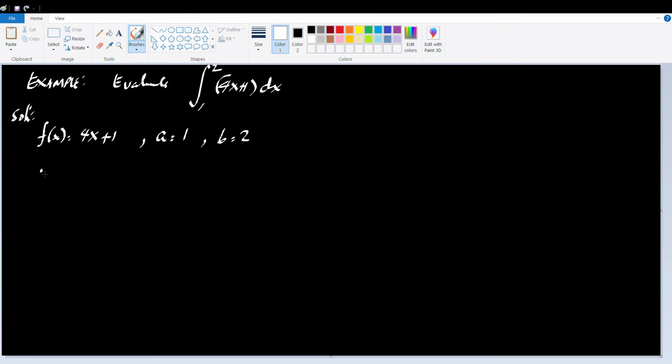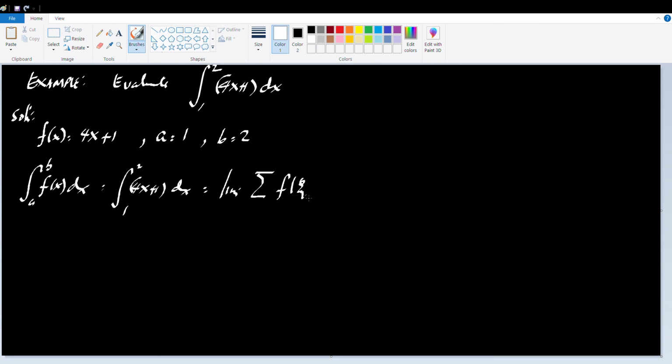So the definition of the definite integral of f of x dx from a to b: the integral of 4x plus 1 dx from 1 to 2 is equal to the limit of the Riemann sum of f of c sub i delta sub i x, i from 1 to n, as n increases without bound.